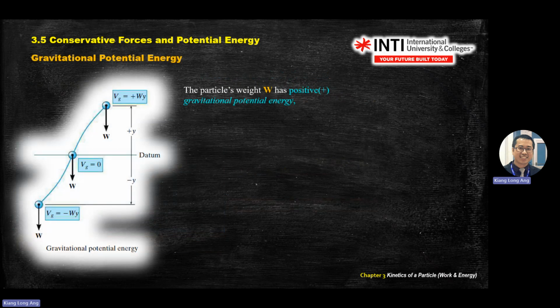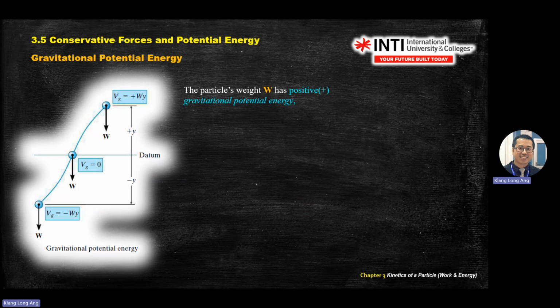Now this slide is important when you deal with gravitational forces. In this case, look at the datum location. Above the datum we have positive h or positive y. Below the datum we have negative y or negative h. Datum is very important when it comes to potential energy. The potential energy, you know that is mgh.